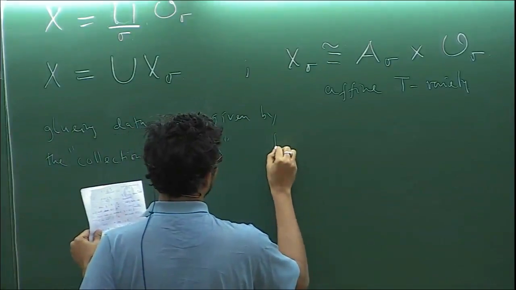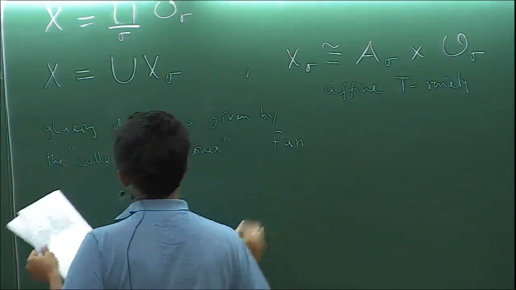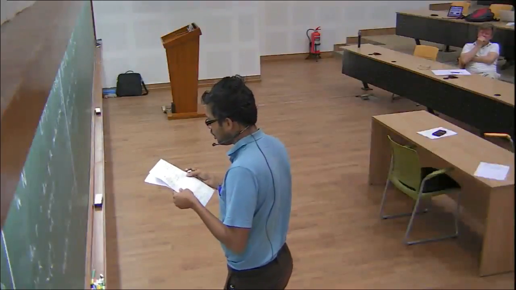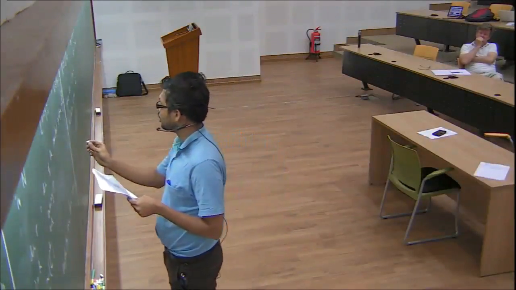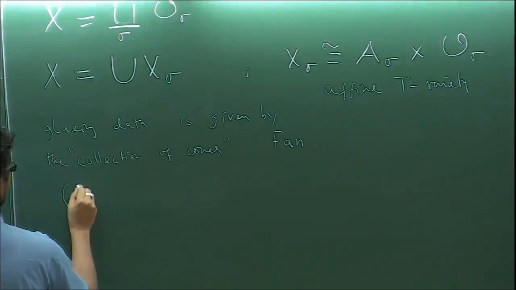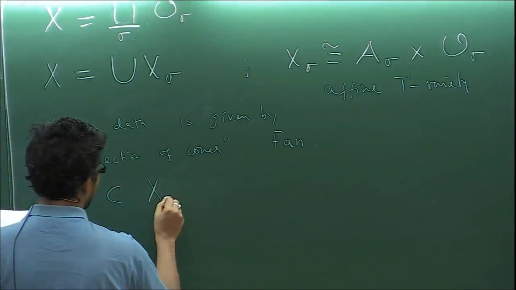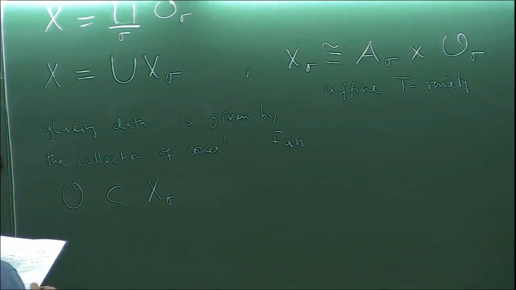These are called fans. I will not go into the definition of a fan, and I don't need this for this talk. But one thing is important: the open orbit O, which is isomorphic to T, is inside every X sigma.